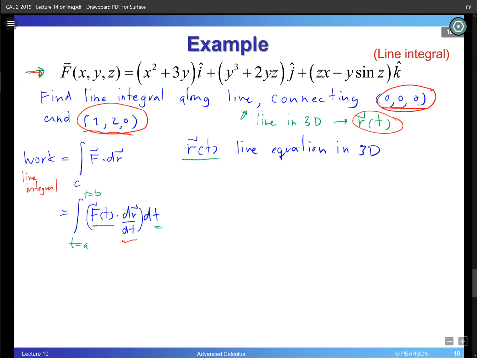And we are going to use these two points to create this r of t. And we learned this at the beginning of the class that in order to construct this, we need two things. We need a starting point in order to construct a straight line in 3D, and we need a vector in the direction of the path.